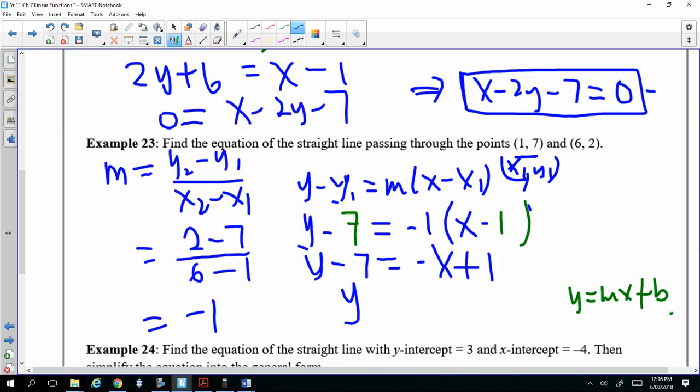I think I still got the same answer. Oh yeah, it's lucky because it's -1. That's why it works. Okay, alright. So it wasn't that bad.